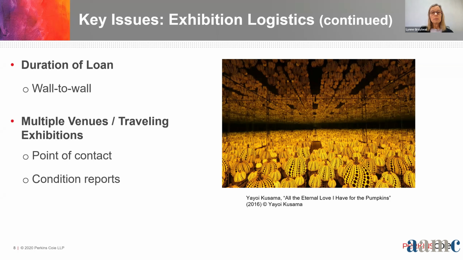One of the things that is important in a multiple venue traveling exhibition, in our view, is a single point of contact. Often that is the initiating museum, even though the initiating museum often feels that they should be able to rely on the other borrowing institutions to manage from the time of handoff.